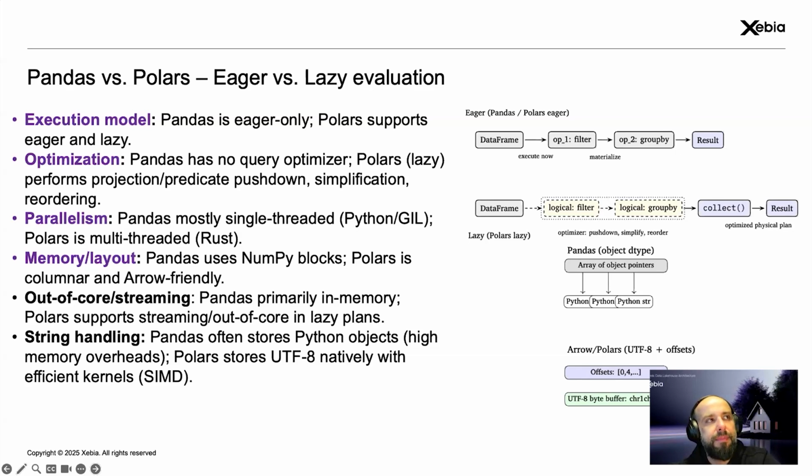And finally, there is this out-of-core streaming processing, because this is very important. In Polars, many operations can be expressed in a streaming or out-of-core fashion, meaning that you don't need to fully materialize the intermediate results in the memory, but you can process them by batch, piping the results from one operator to another.